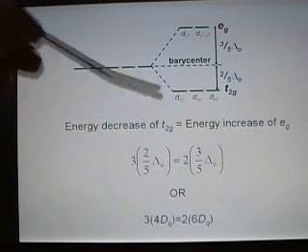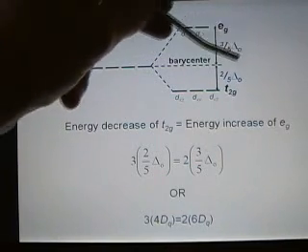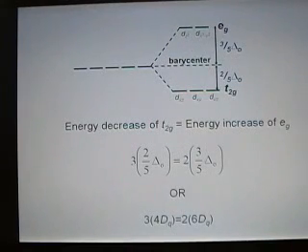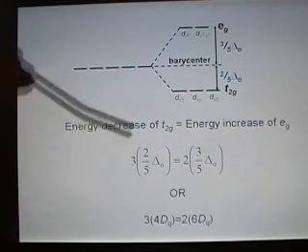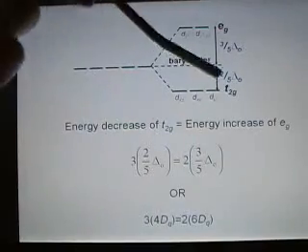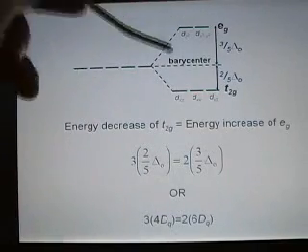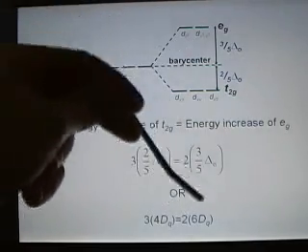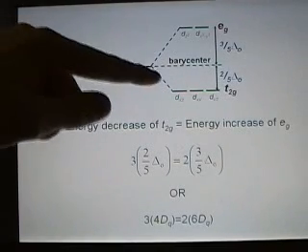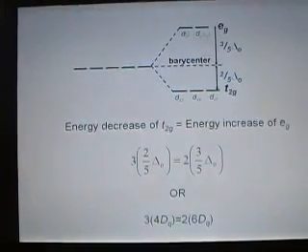So basically, the number of orbitals times this splitting energy should be equal on both sides of the barycenter. You can also do this with DQ: there are 3 T2G orbitals stabilized, 3 times 4 is 12 DQ. On the other side, 2 orbitals are destabilized by the ligand field, 2 times 6 is 12 as well. So the energy needed to stabilize the T2G orbitals should be equal to the energy needed to destabilize the EG orbitals.